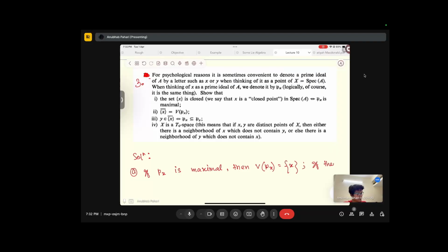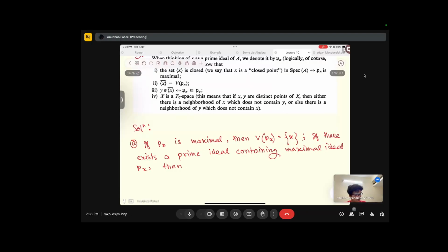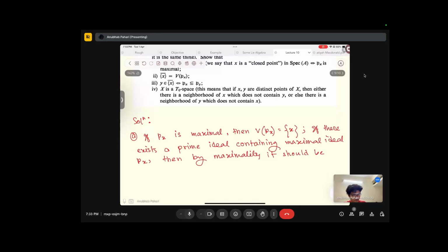If there exists a prime ideal containing the maximal ideal p_x, then by maximality it should be p_x itself.